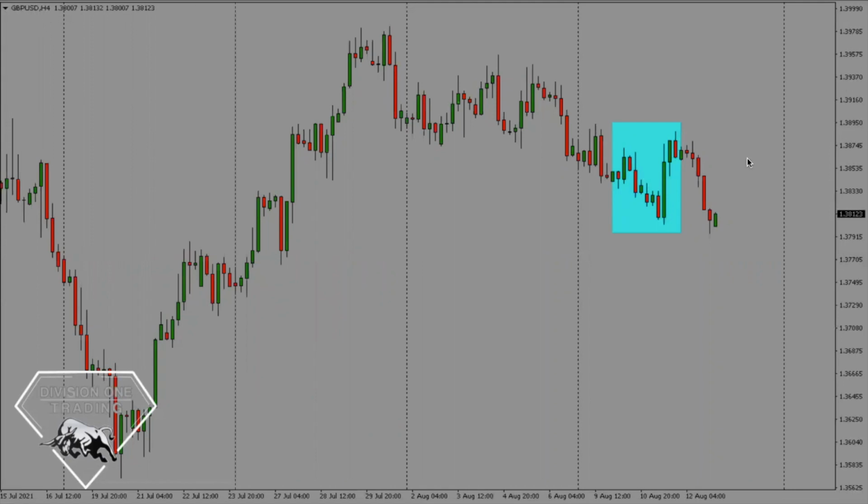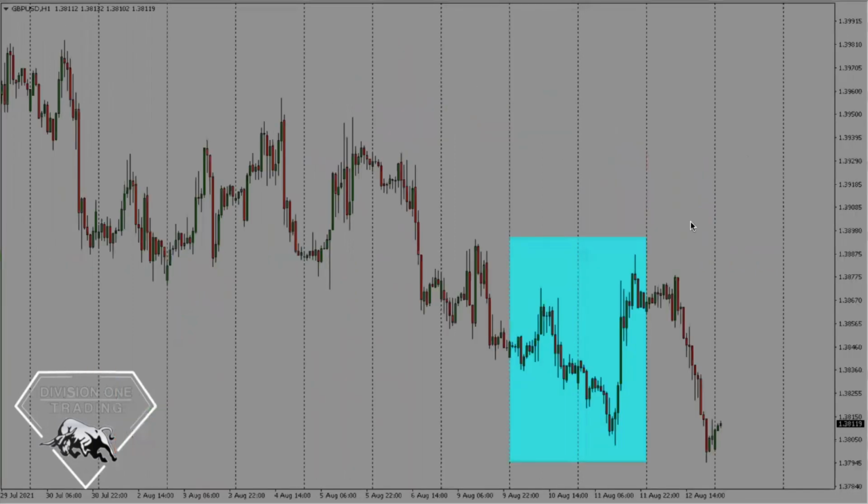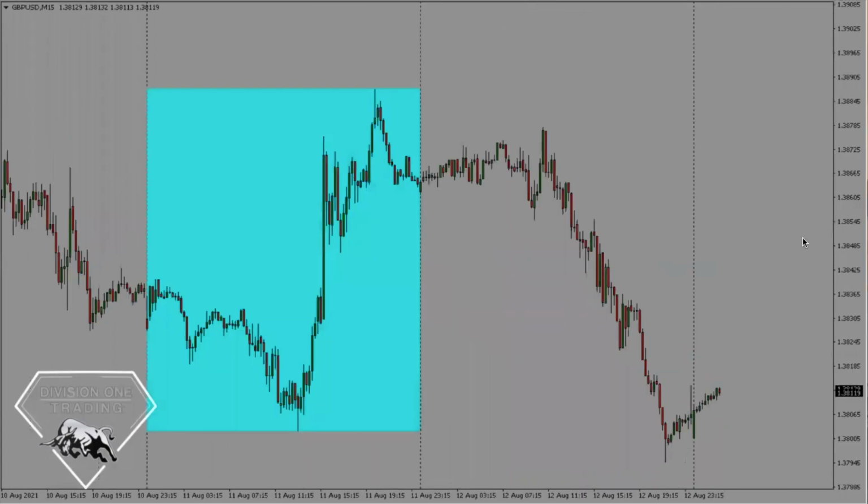So now we'll go down to the 1-hour. You can see the same theme. Let me make the line a little wider. The same thing. So now we go to 15-minute, same thing.